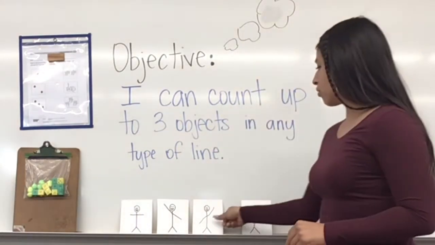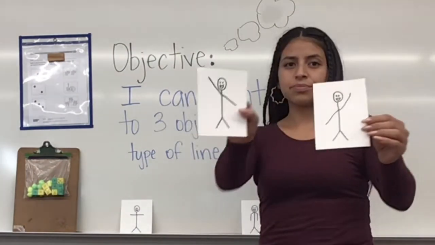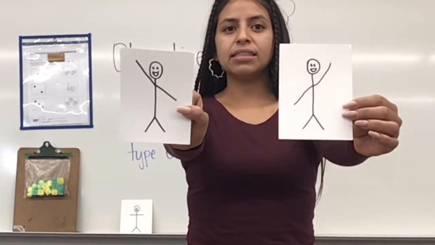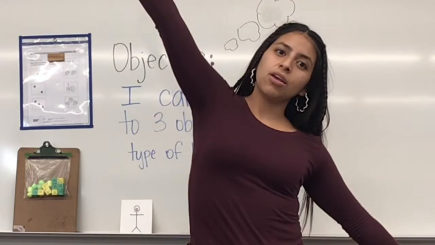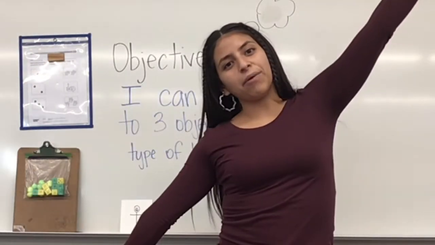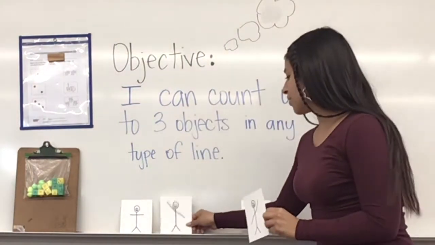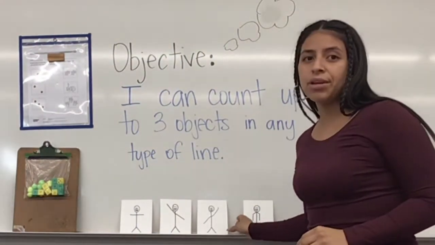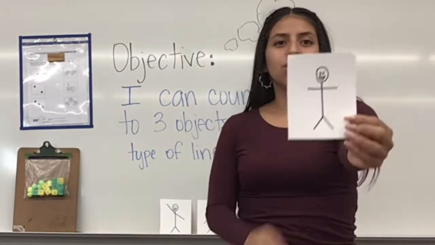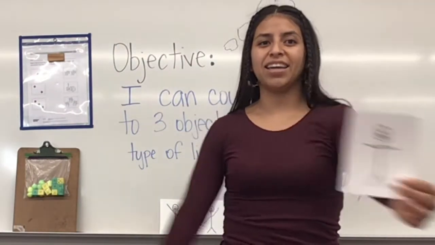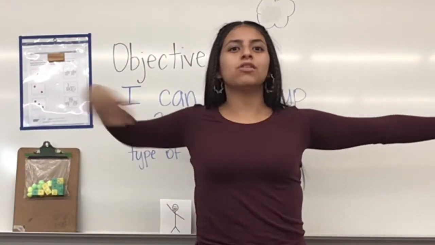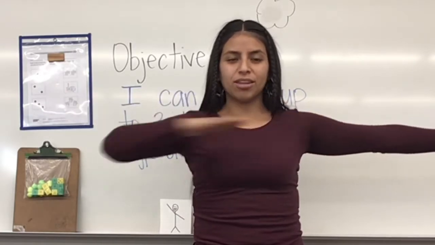We have our diagonal lines. And your diagonal lines can be this way, or they can be that way. You see, diagonal. These are our diagonal lines. And the last way we're gonna be counting objects is in a horizontal line. So that's when we go from left to right. Horizontal.